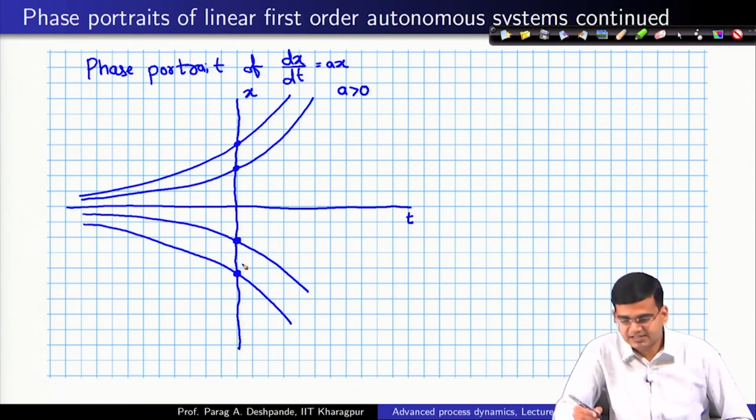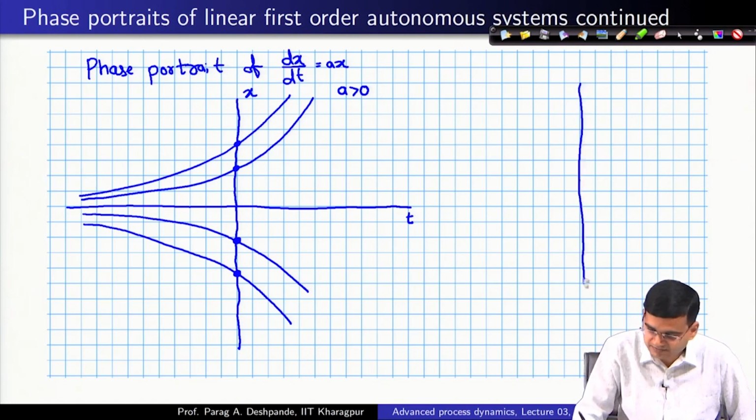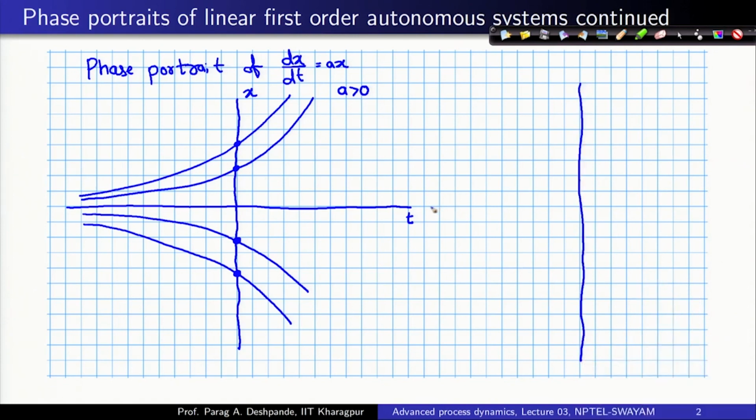When A is less than 0, let me draw the axis again. This is t, this is x.